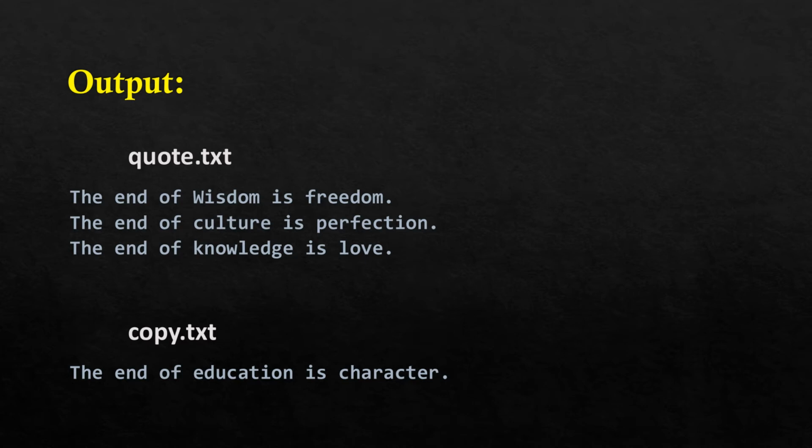Now let us see the output. As you can see here, copy.txt is the file which contains the lines having the letter A in them. And the other lines which don't have A in them are present in the file quote.txt.